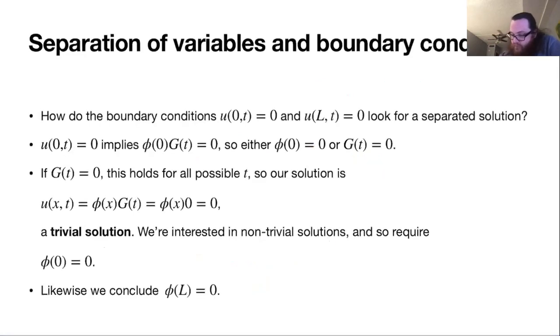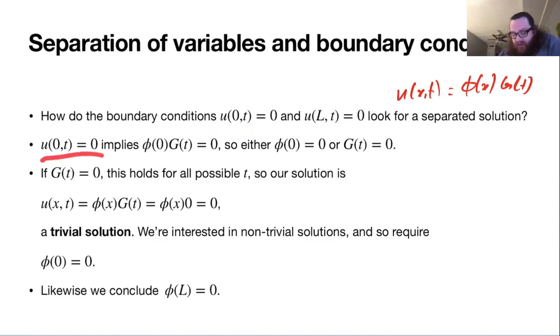So how do these boundary conditions look for our separated solution? Well, if we look at the first one, u of 0 comma t is equal to 0. Note that this is true for any possible value of t that we plug in.